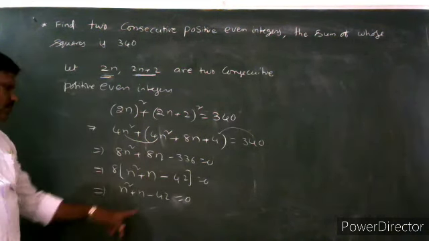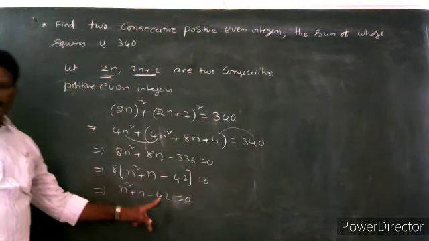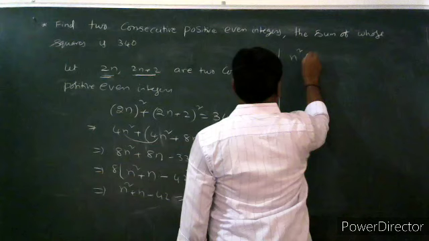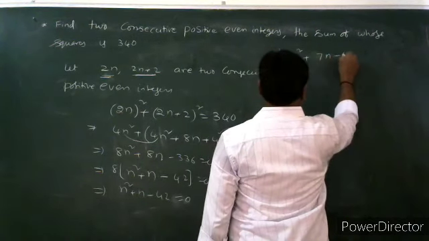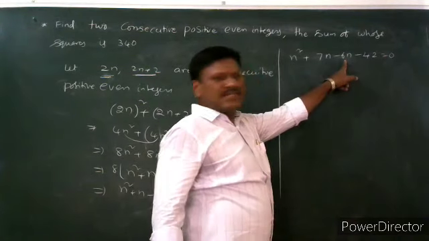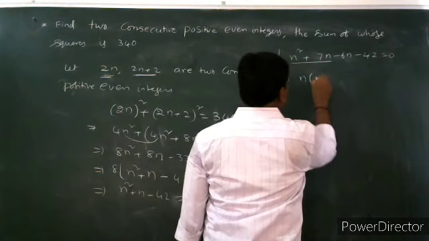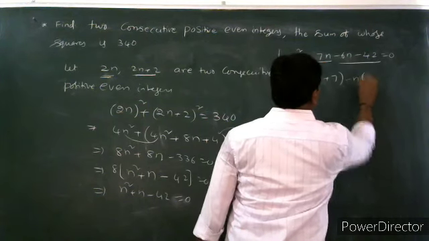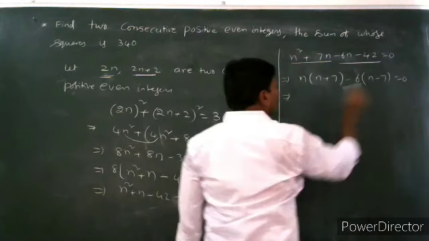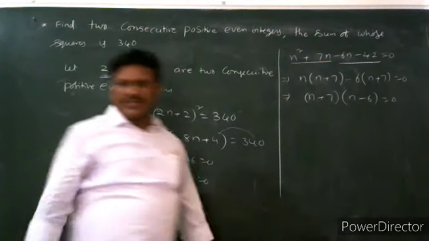How to solve this? Write 42 as 7 into 6. 7 into 6 is 42. Write the middle n as 7n minus 6n. So n² + 7n − 6n − 42. 7n minus 6n is n. Taking n common, n(n + 7), and minus 6 common, −6(n + 7). So n + 7 is common: (n + 7)(n − 6).